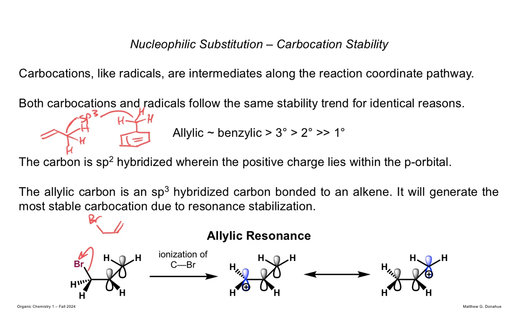When the bromine ionizes, that generates this new p orbital where the plus charge resides. In terms of the resonance, you're now moving the electrons from that pi bond to make a new pi bond, and then the plus charge migrates over to the terminal carbon.